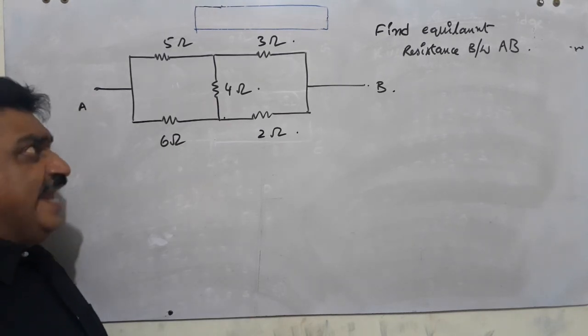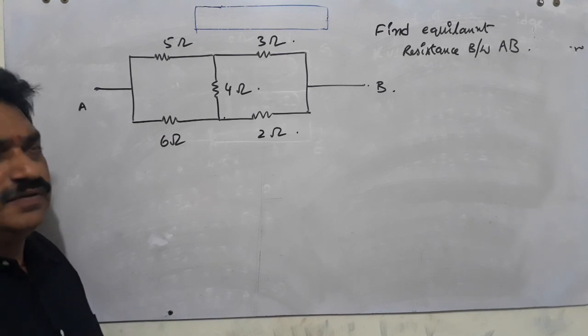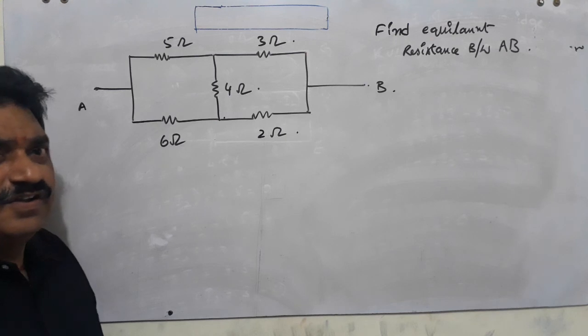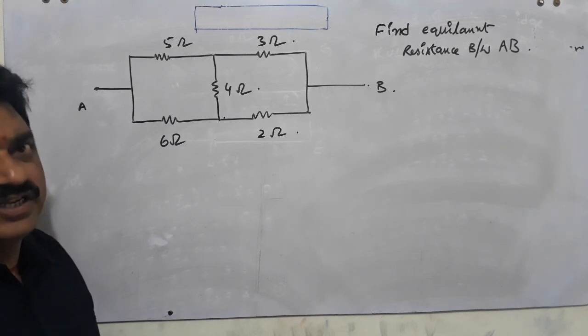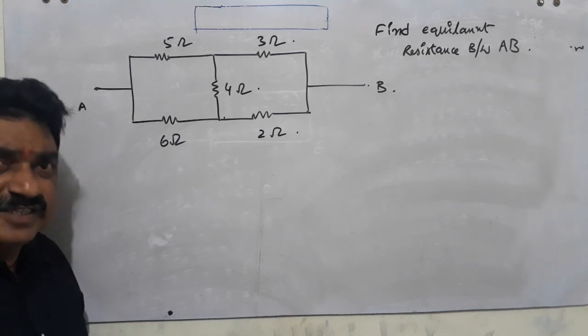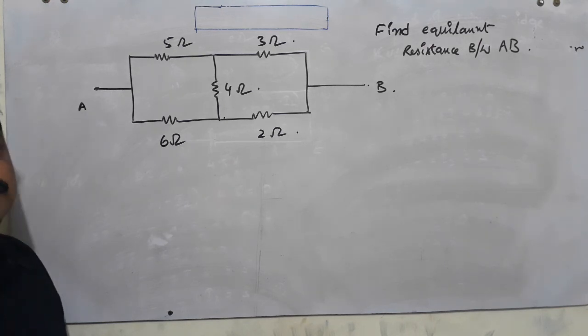If it is an unbalanced bridge, how can we find the equivalent resistance? For that sake, I am going to discuss nodal analysis, which is an application of Kirchhoff's current law.